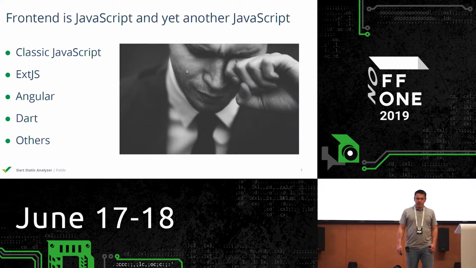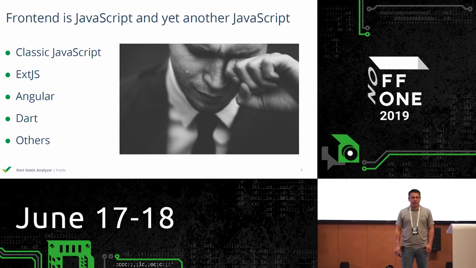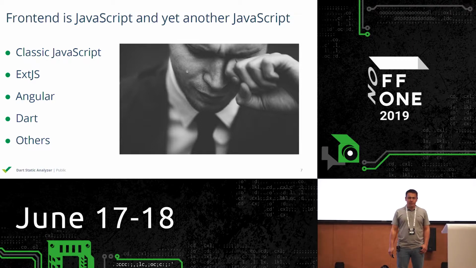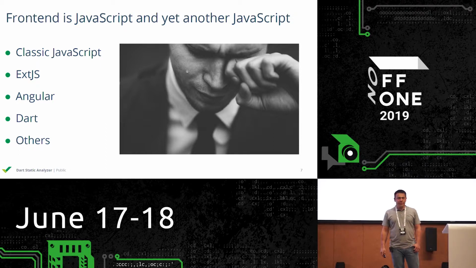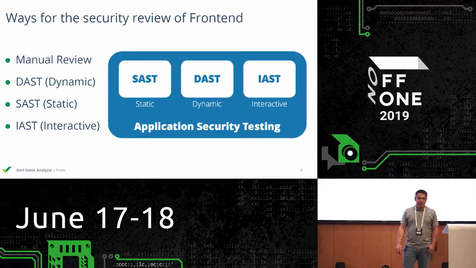Moreover, the front-end part of our application consists of JavaScript and all of its variations: classic JavaScript, TypeScript, Angular, Dart, and many others. We know that with the appearance of a new JavaScript framework, the old one becomes obsolete in a matter of 1 month. So this approach is applicable to us because we always want to be at the front line.